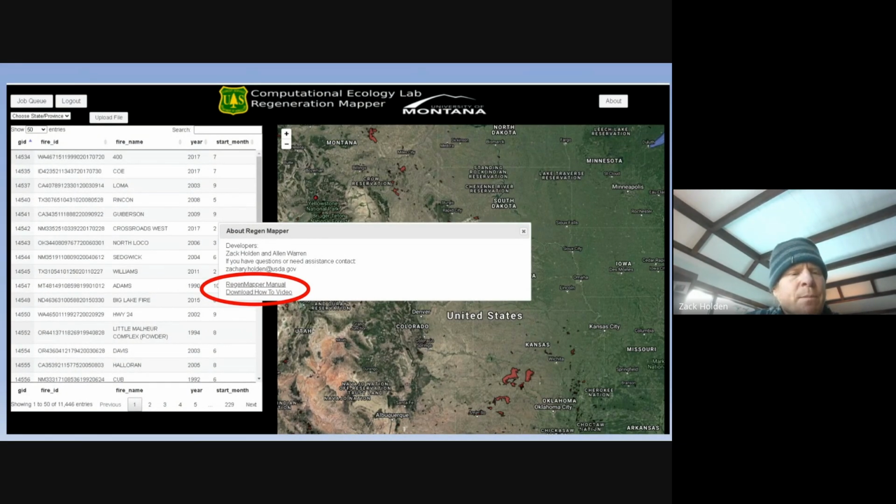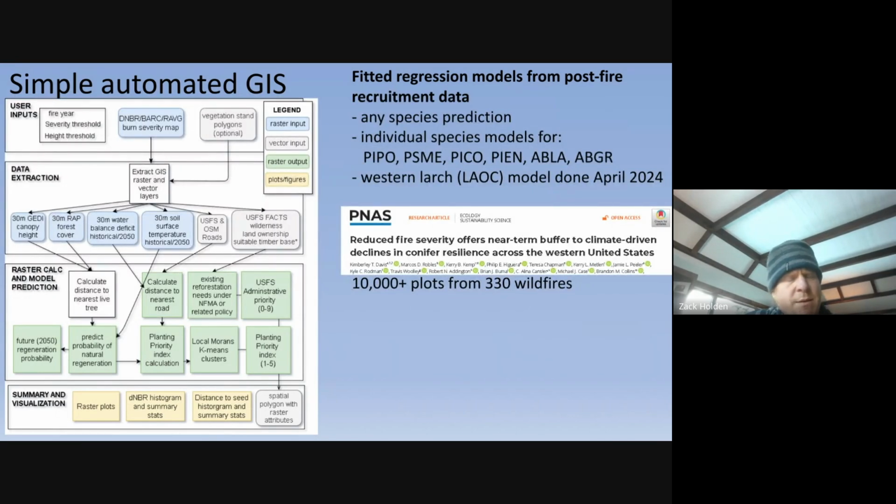Next slide. And basically, this is really simple, we're just doing GIS and we're automating it. We used to do this by hand. It took us hours for every fire to pull the layers together, and so we've just automated most of that. At the core of this tool is basically species recruitment probability models based on Kim Davis's data set from her recent paper.